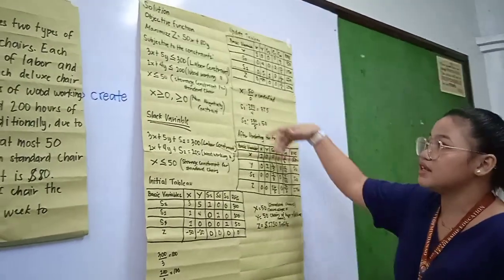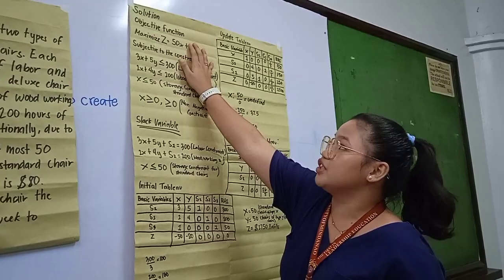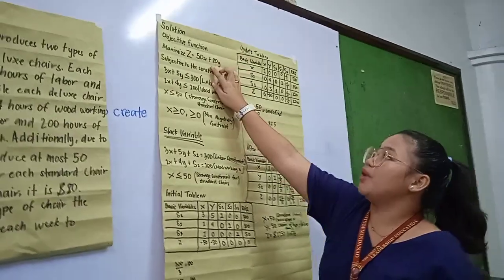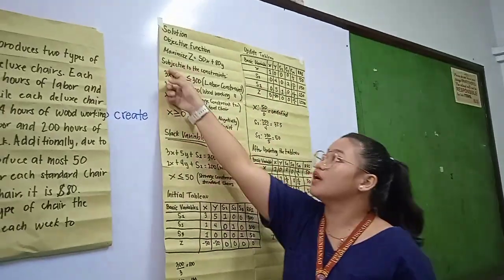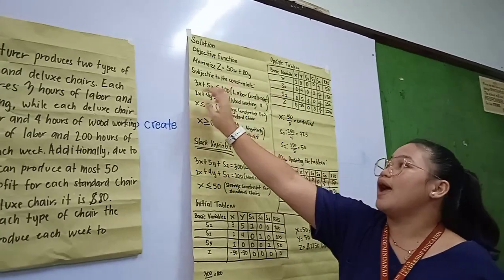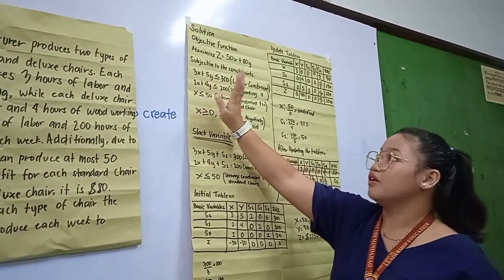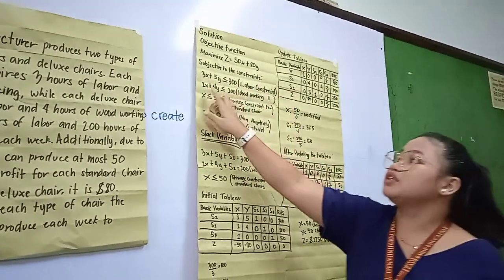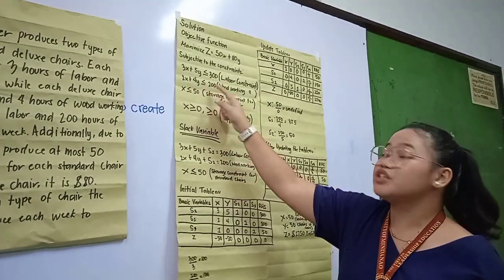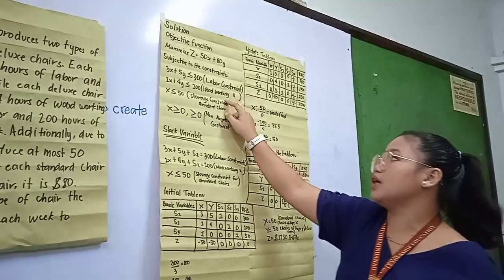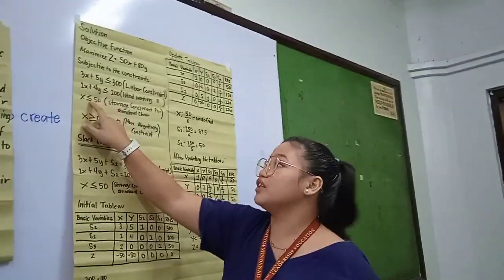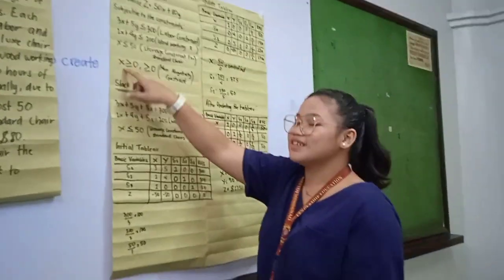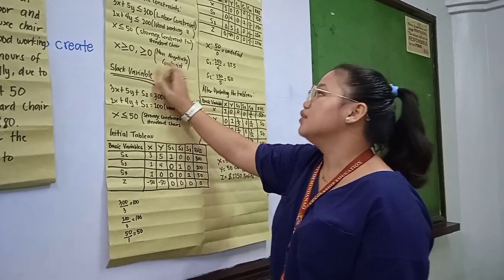As you can see, I write the objective function, which is maximize z equals 50x plus 80y, subject to the constraints: 3x plus 5y less than or equal to 300, which is the labor constraint, and 2x plus 4y less than or equal to 200, the woodworking constraint, and x less than or equal to 50, the storage constraint for standard chairs, and x, y greater than or equal to 0, the non-negativity constraints.